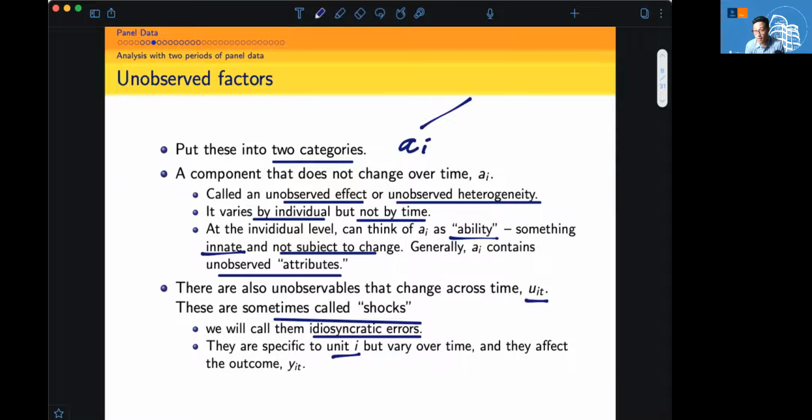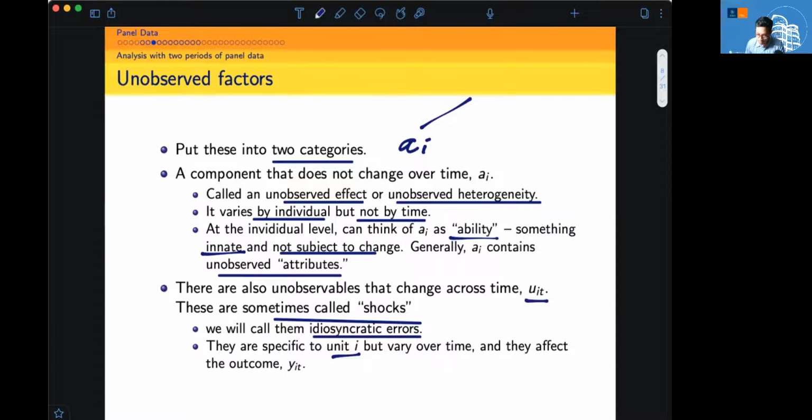So this is an unobserved effect. Since she was sick, it could also affect her performance on the exam, and then it could affect the test score. But again, this is something that we do not observe as a researcher, and it only affects that individual, but it doesn't affect the other individuals.